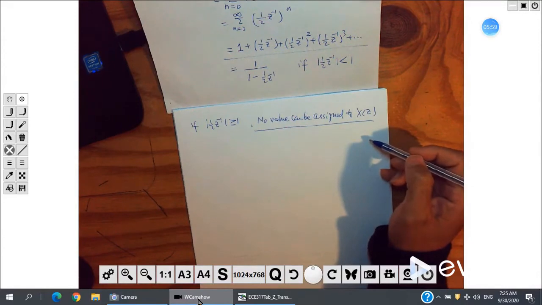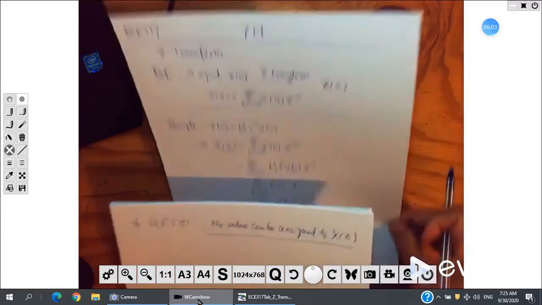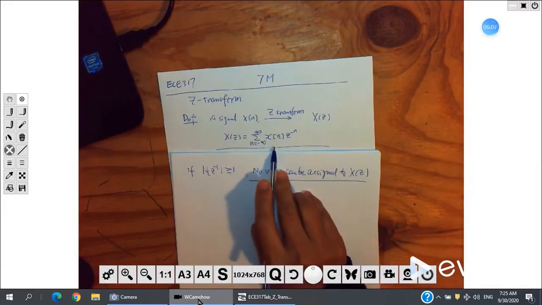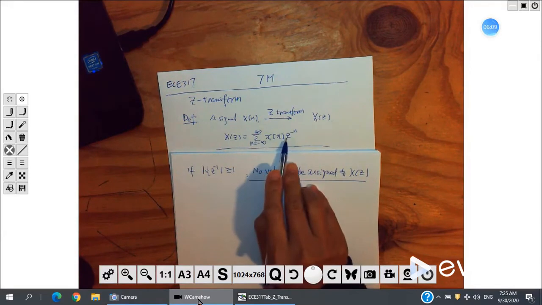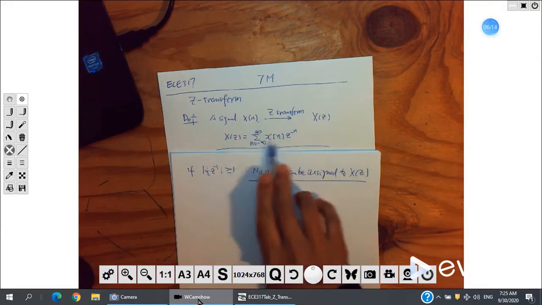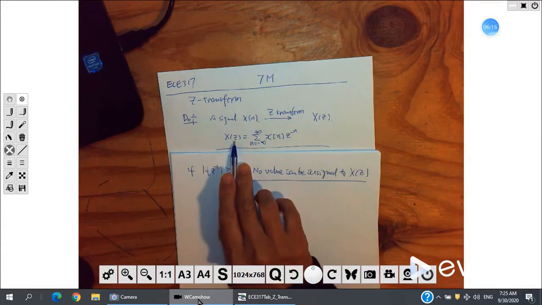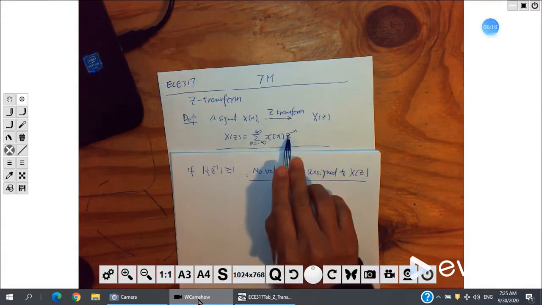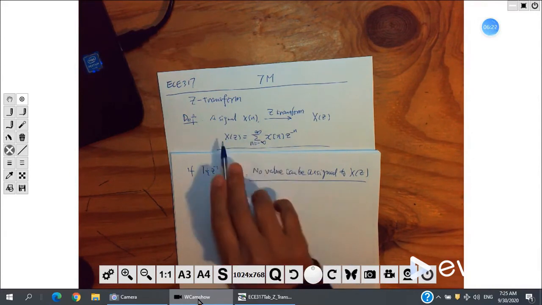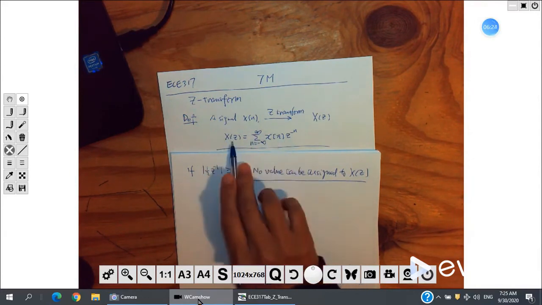And this is what happens in general, not just for this example. This is a summation of infinite terms. For some values of z, you can have a fixed value for capital X of z, but for some other z, you cannot have the value.